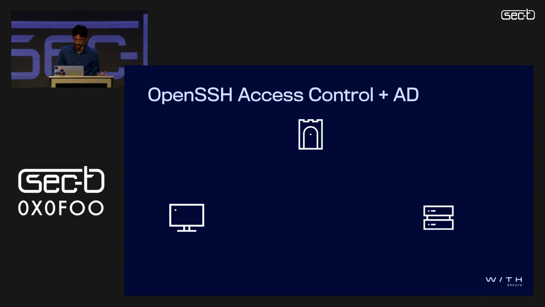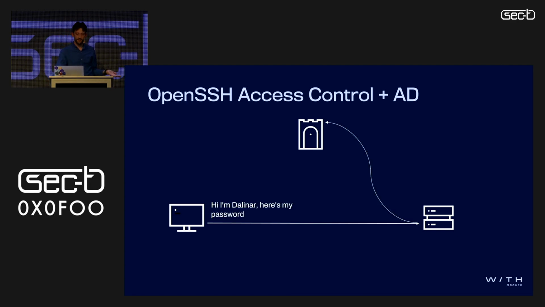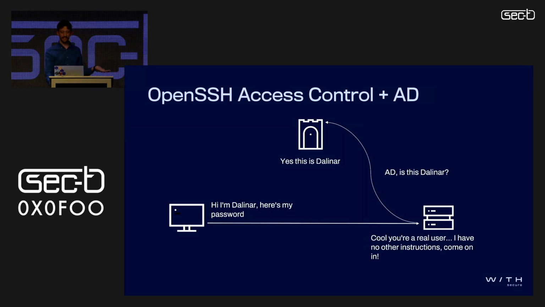But what if Active Directory is in play? Well, you say to the server, hi, I'm me, here's my password. It says to Active Directory, is this the user's password? Active Directory says yes. And then the server's not been told who to let in and who not to let in, so I guess you're in.